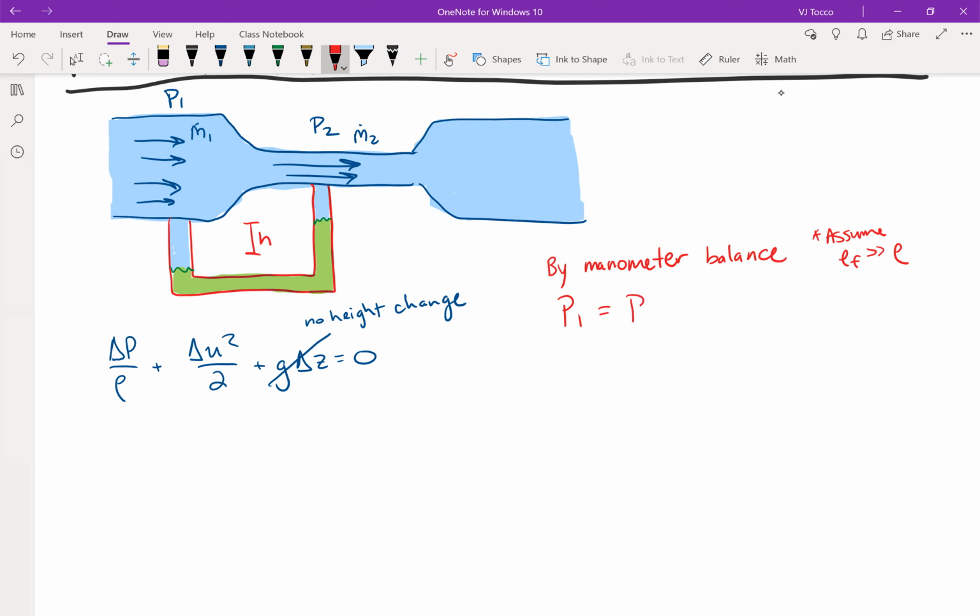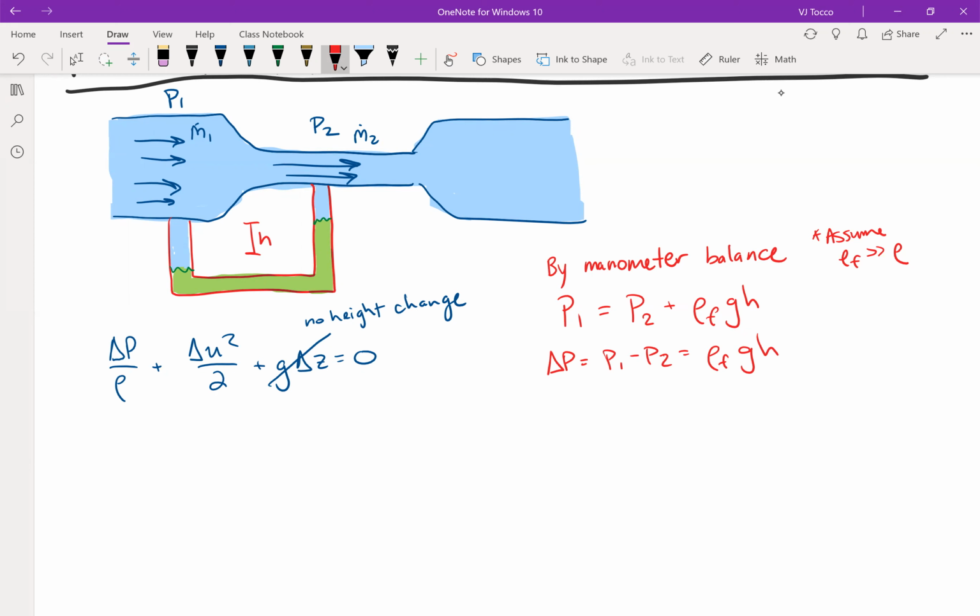On the right-hand side, I have P2 plus rho of the manometer fluid times gh. So therefore, delta P, equal to P1 minus P2, is equal to rho F times gh. So if I look at the difference in the two height levels of the manometer, I can simply plug that into my rho gh to obtain what my delta P is.